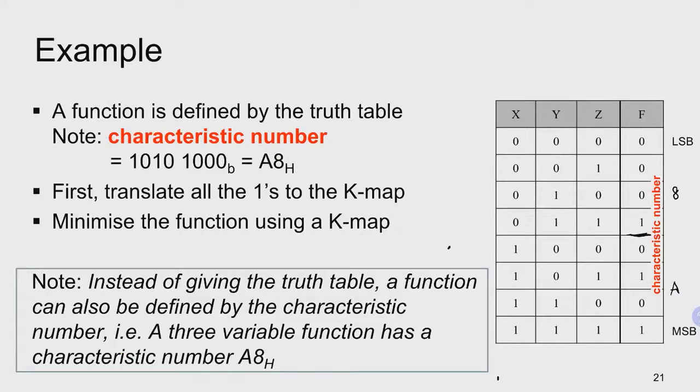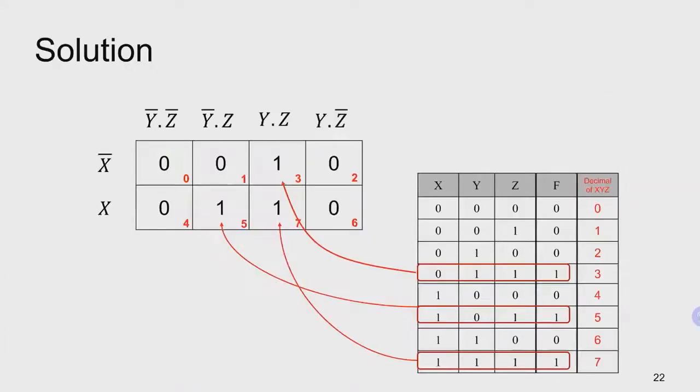So from here, we want to put it into K-map and then minimize it. So in this case, that's how you go from truth table to K-map. I hope you understand now how you can put that into K-map.